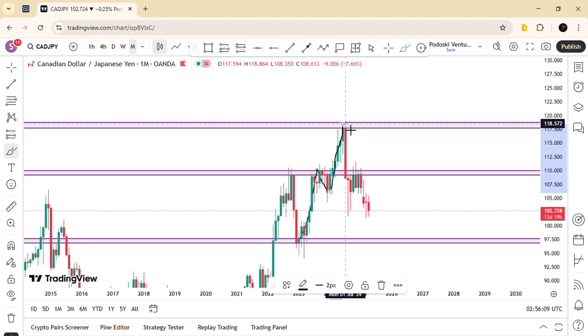So if we see price tapping to the upper zone and it drops to the midway zone, we should be expecting a buy all the way to the upside. But it failed to do that.